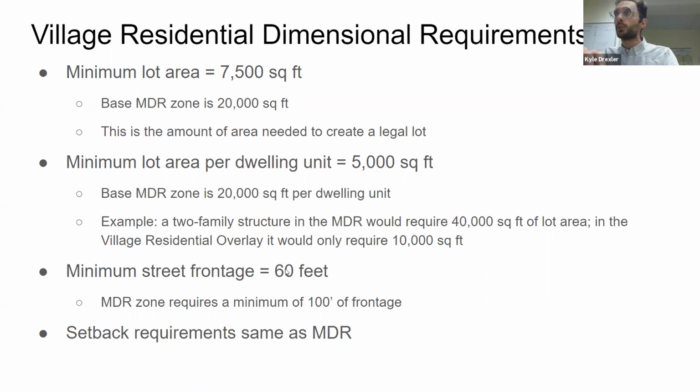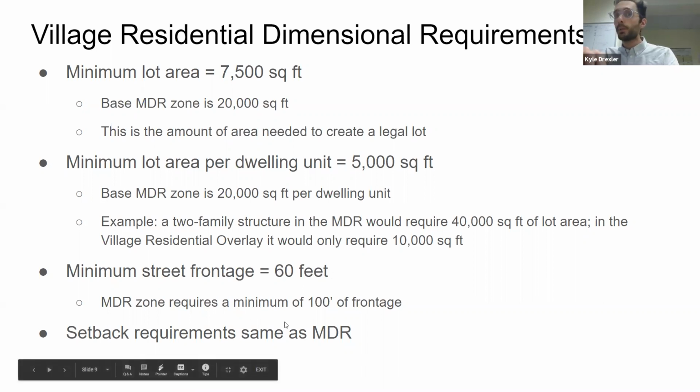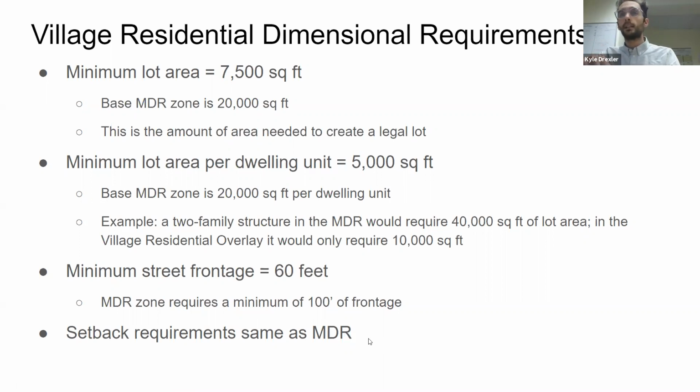For the Village Residential, the proposal would be to have 60 feet of frontage be the requirement. However, the setback requirements would stay the same. So right now in the MDR, you need a 20-foot front setback, 10-foot sides, and 20-foot rear setback. So that would be the distance your structure had to be from the lot lines.